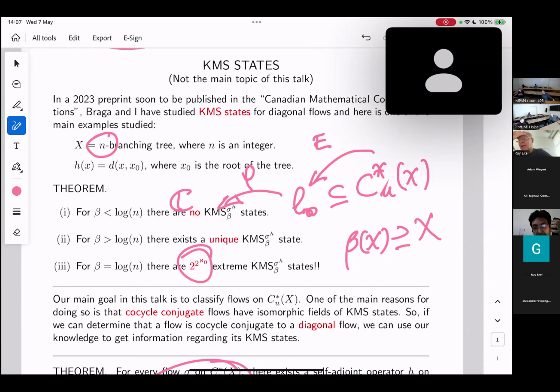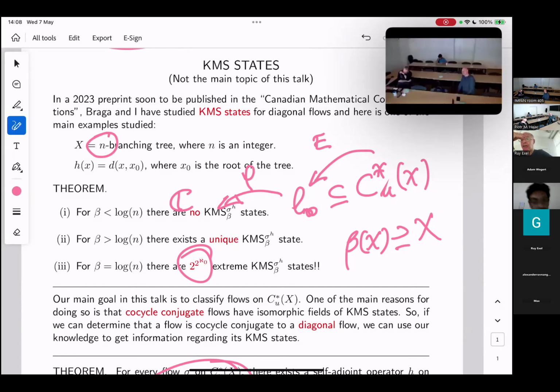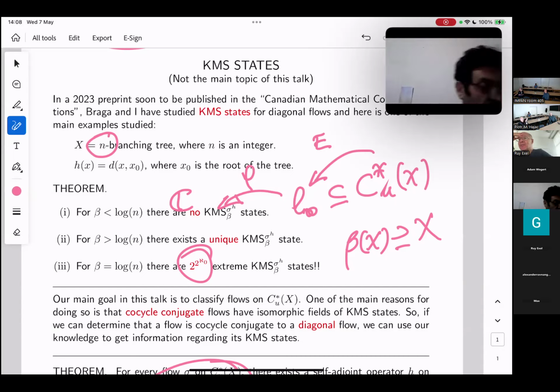Exactly. But normalizers, this is a very interesting question, because L infinity, as I said, is the Cartan subalgebra of the row algebra. So it has many normalizers. In fact, saying that L infinity is a Cartan subalgebra involves saying that the normalizers span the row algebra. So there are lots of normalizers.